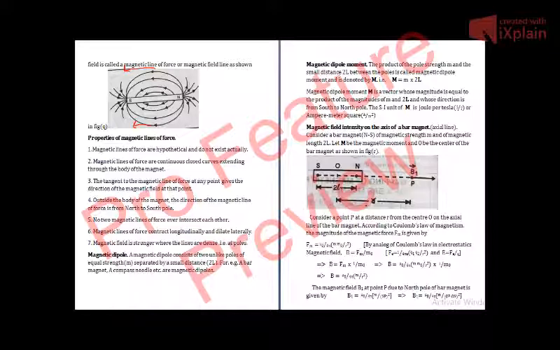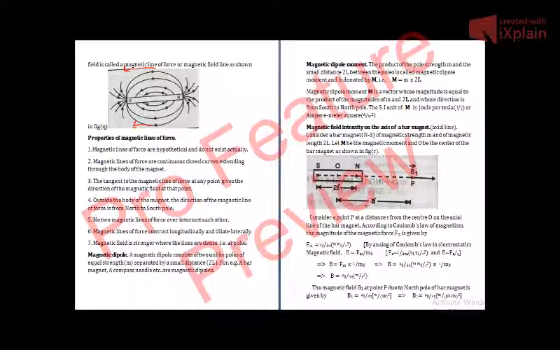So, magnetic field intensity on the axis of a bar magnet. Consider a bar magnet NS of magnetic strength m and of magnetic length 2L. Let M be the magnetic moment and O be the center of the bar magnet as shown in the figure. As you can see in the figure, we have to find the magnetic field on the axial line of the bar magnet.